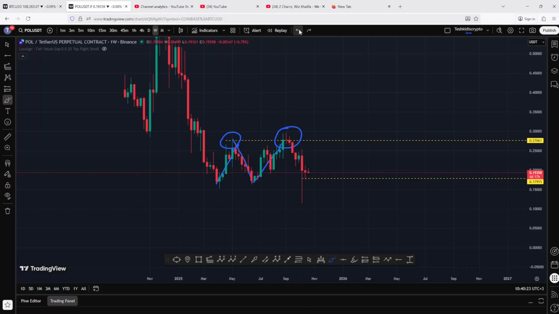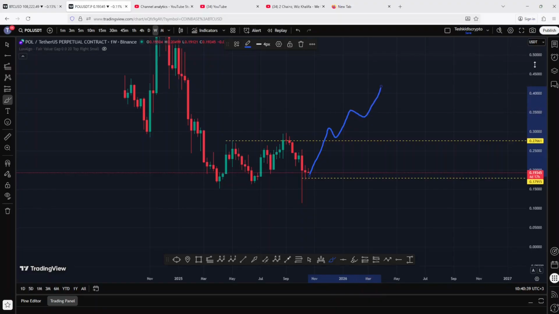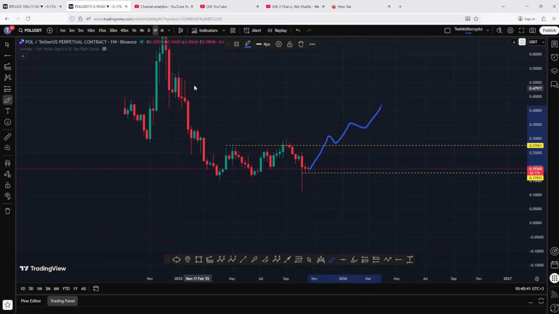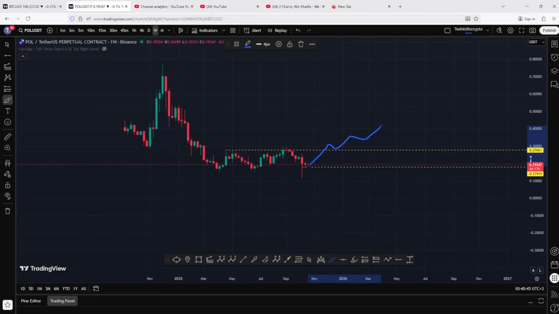And the moment we start to see a reversal here on the POL chart, we need to see a substantial break above that significant high, flipping it back into support, maybe with a retest. And the moment that plays out, that will be the start of something more bullish, where we can continue expecting higher prices, having the 0.54 USDT mark and the 0.75, the 0.78 USDT mark as our next upside target areas.